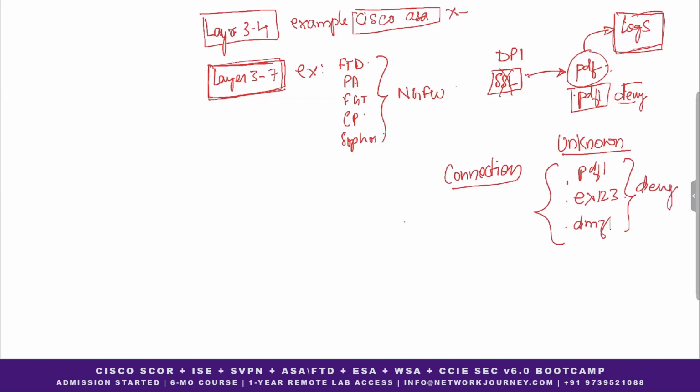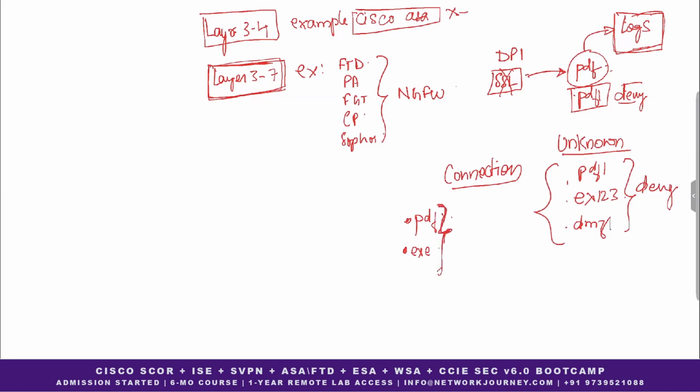If we want to extract that data, if it is important for the company, and if we want to extract that data from the log tables, then you cannot extract the data. It will only create the log messages that this file is blocked.